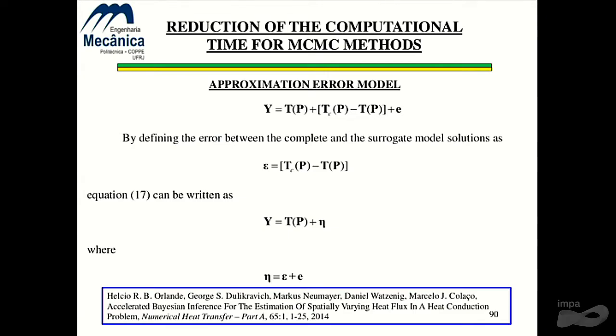They are random, okay? So the idea is very simple: to model eta, to compute statistics for epsilon, okay?